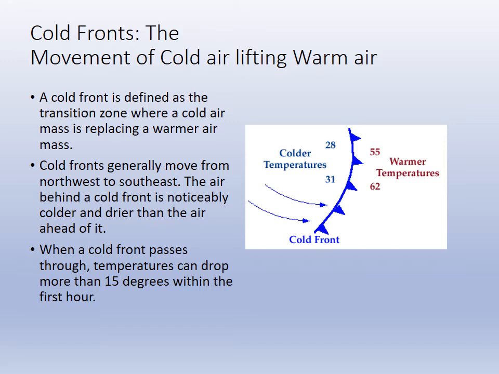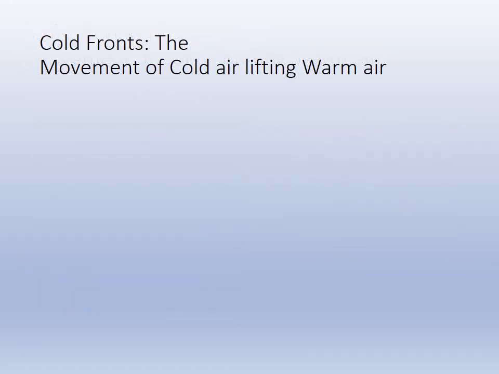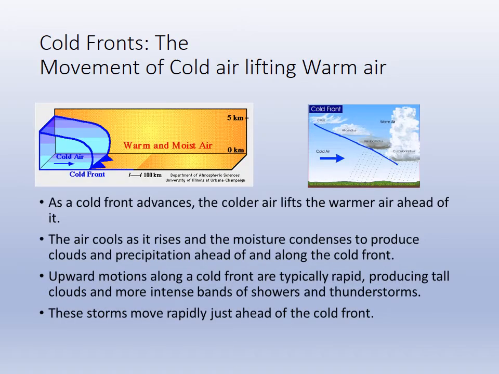Cold fronts, and you can see their symbol there, move faster because the cold air is bulldozing through the warmer air, and then generally they bring you higher pressure after they move through. Cooler, clearer air is associated with that higher pressure. You can see the cold front moving through, pushing the warm air up.